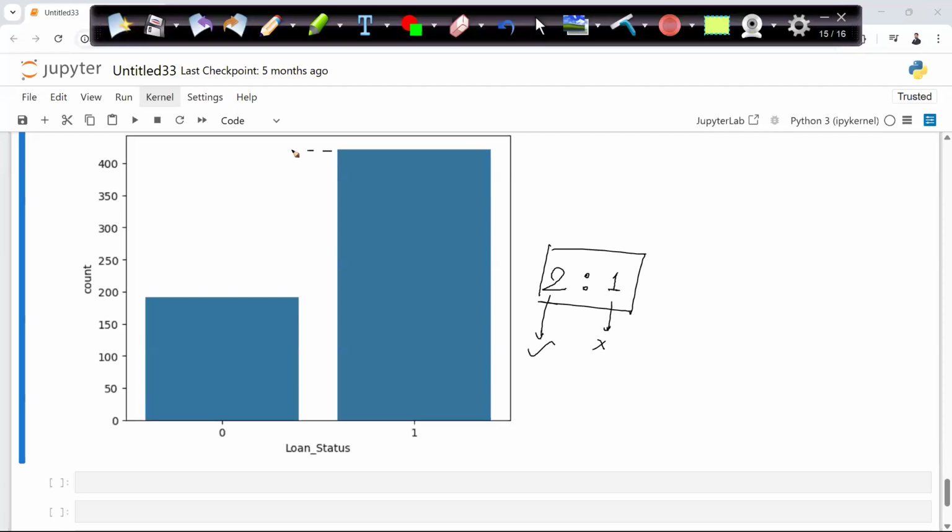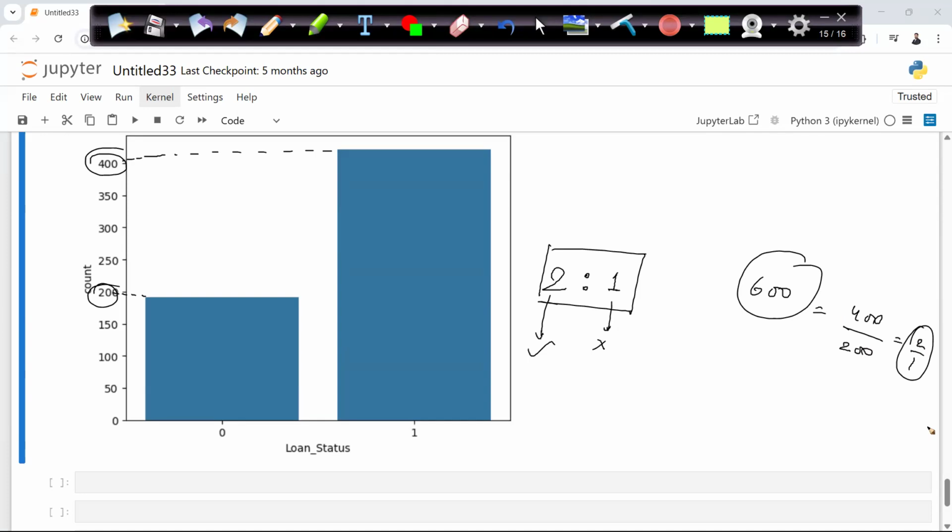Because if you see, roughly 400 people are getting the loan and 200 people are not getting the loan. That means total 600 people came in. Out of 600 people, 400 people got the loan and 200 people did not get the loan. And when I take the ratio, that is nothing but 2 is to 1. So that is the ratio which I am getting here.